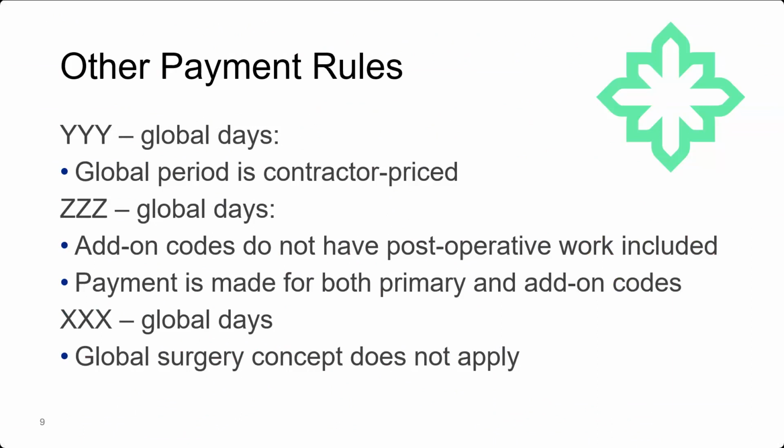These are commonly like a not otherwise classified code that is used as a default code. So that's where contractor pricing comes in. Well, what are you doing with it? What's going on with this code? What are you using it to represent? And the documentation has to be sent in, and then we'll figure that information. We'll also provide you some information back. So that's where a YYY comes in.